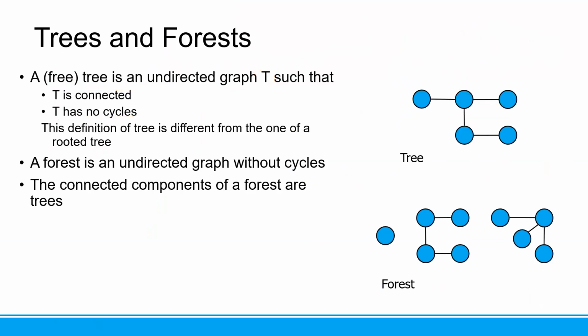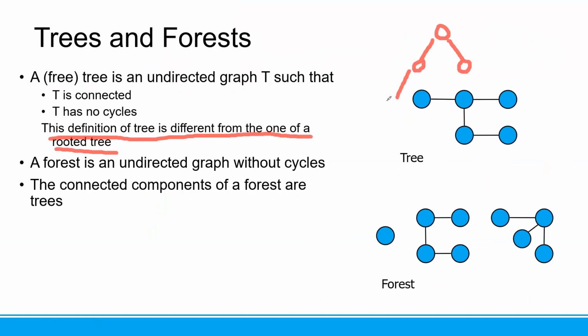So please note that this definition of tree is different from the one of a rooted tree. You still remember rooted tree? When we learned about the binary tree, we have the root and then we have the internal node.